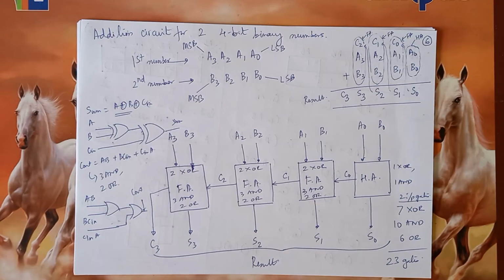Now that is a lot. For us, that is a lot. Why? Because for most of our circuits, no matter how complex we have seen thus far in the course, we have rarely gone beyond 5 or 6 gates. 23 gates seems a lot.